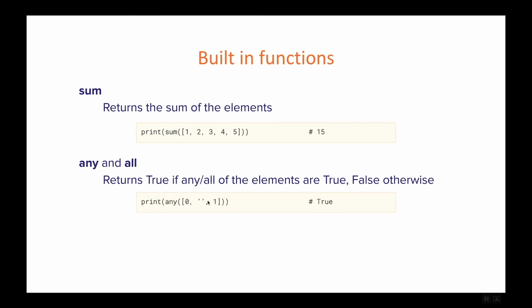Here is an example. We have any of this collection. This will give us the truthiness of these values. 0 is going to be false, the empty string is going to be false, but 1 is going to be true. So any of these will return true because we have at least one that is true.